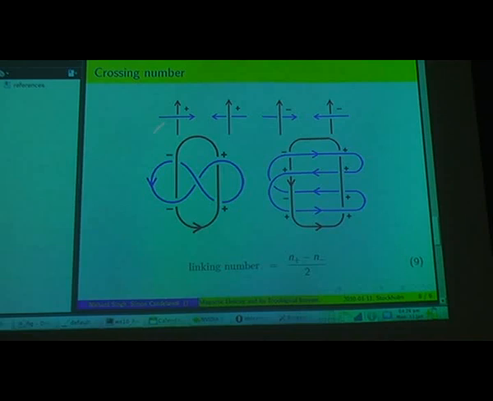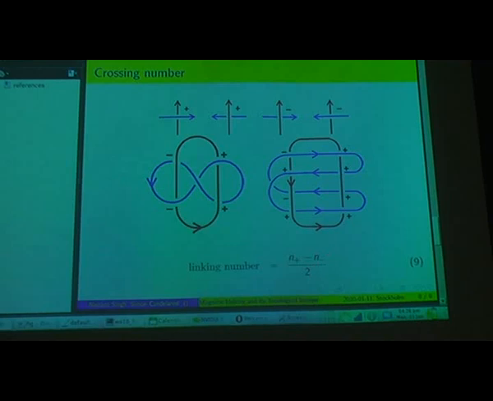You have a rule: if you have the blue line or the red one with this velocity configuration, then it's a plus, the same for this one. Then you just go through this diagram and add up all the pluses and minuses. The linking number is simply the sum of all positive crossings minus the sum of all negative crossings, divided by 2.